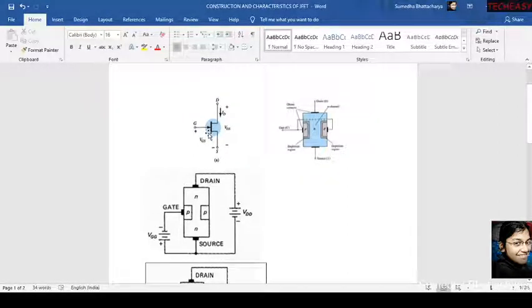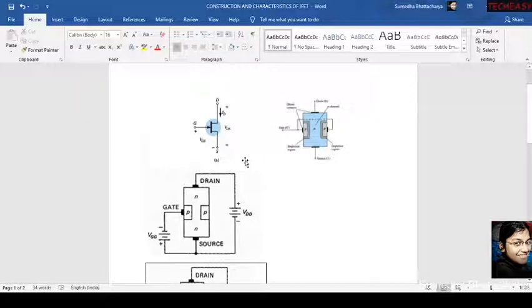Today we will discuss only N-channel JFET, because JFET has two types. One is N-channel JFET and one is P-channel JFET. So this is about N-channel JFET, and in case of N-channel JFET, this is the symbol. I will explain how we can remember this symbol.